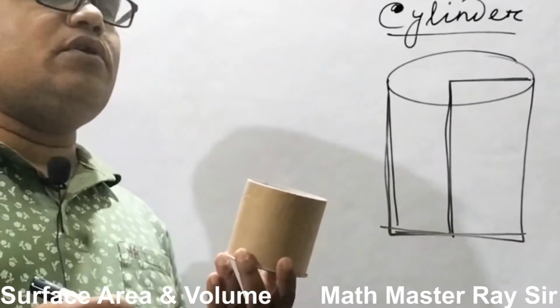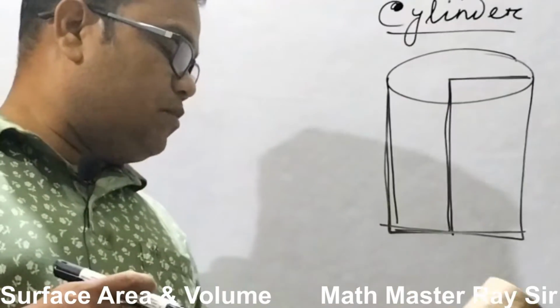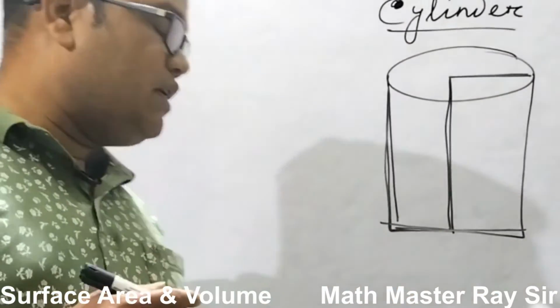In order to find the volume and surface area, one important basic rule is there.